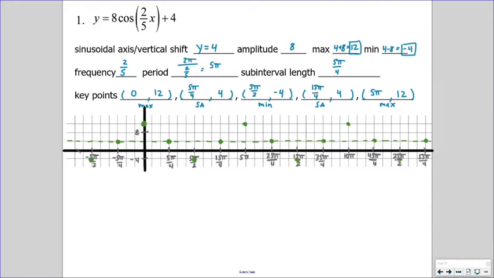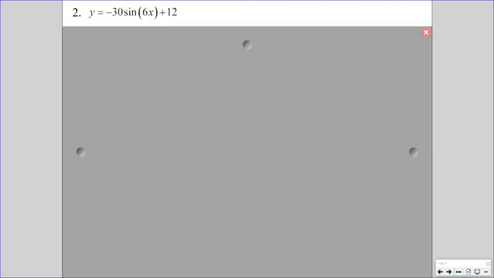And then sketch your curve. Go through the endpoints. Make sure that you don't exceed the minimums or the maximums. And make sure you guys have at least 2 full cycles there.